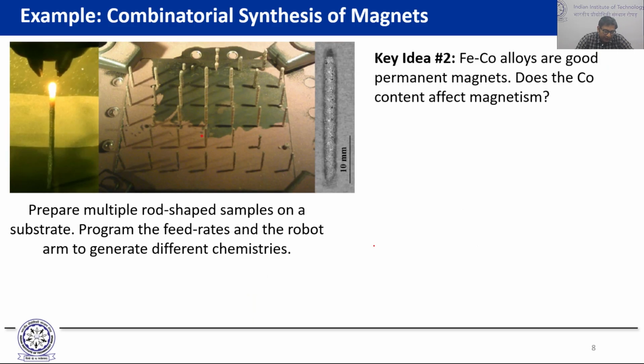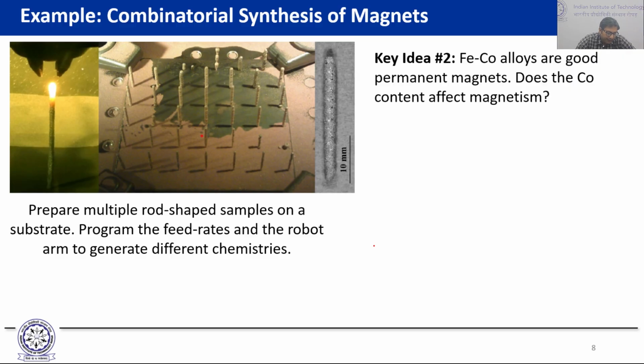Now, when they were trying to come up with this combinatorial synthesis of magnets, the second key idea they had was they wanted to look at iron cobalt alloys because it's known that iron cobalt alloys are good permanent magnets, but then they wanted to see how the cobalt content affects the magnetism.